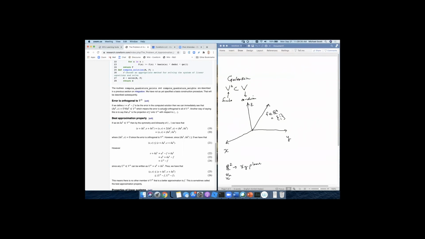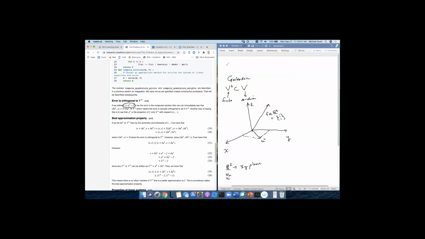And that holds in general for these Galerkin methods. So orthogonality in this case means that if you define your error, let's say you compute UH to be this guy, so UH has components in the X and Y direction.